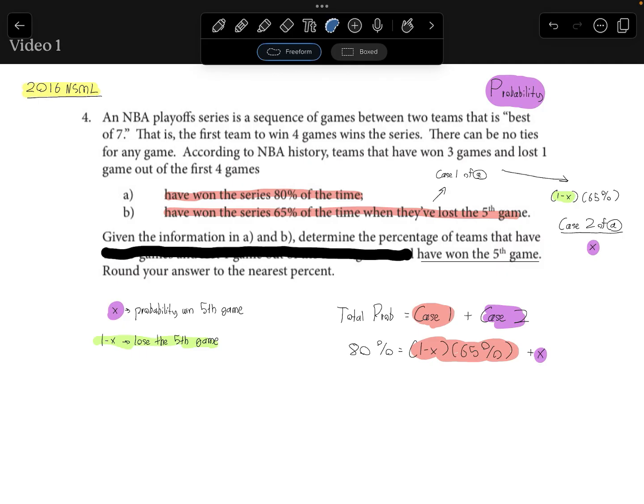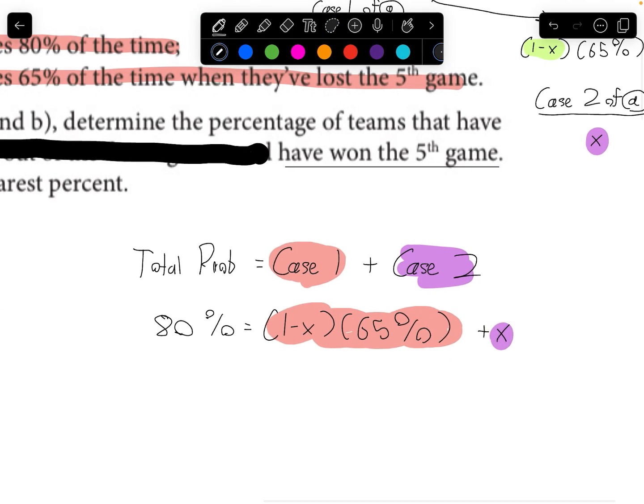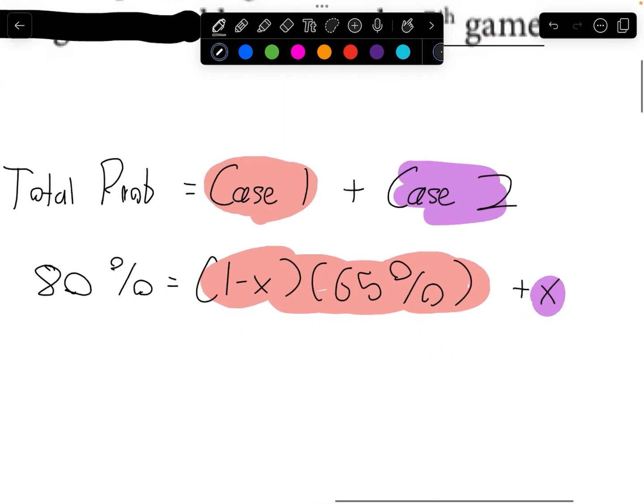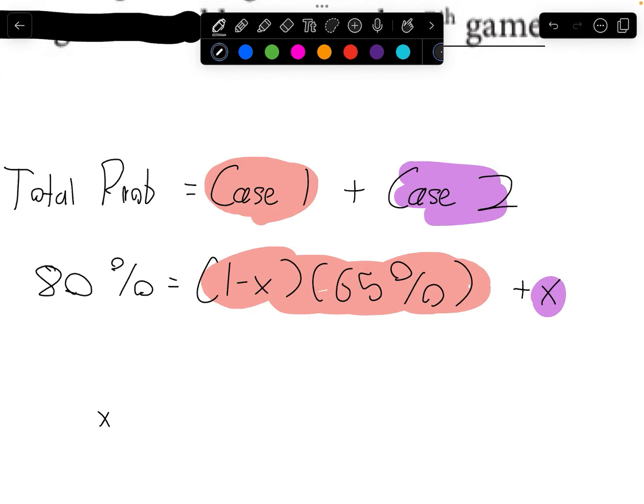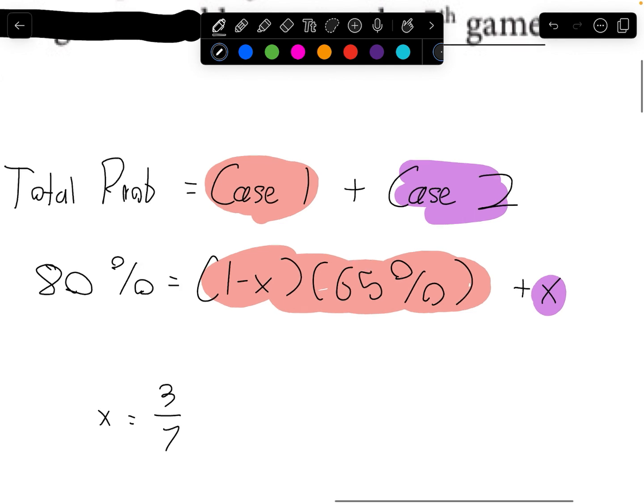Now we can solve this, and you should get 3/7. And if you put that in percentage form, you have to multiply by 100, which will give you 43% as your answer.